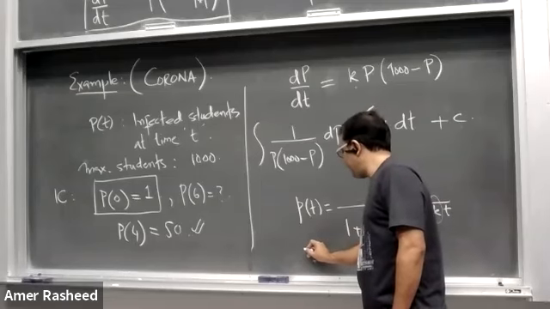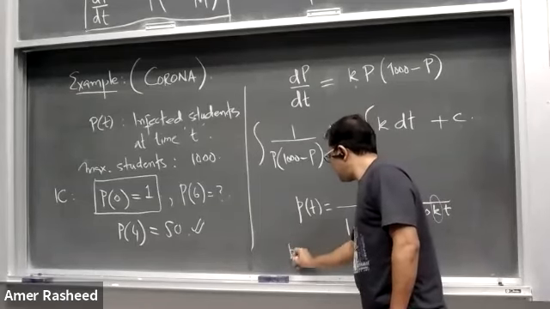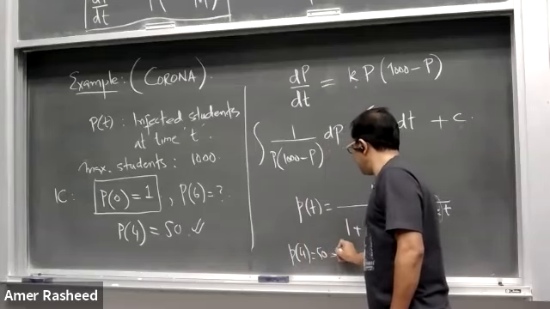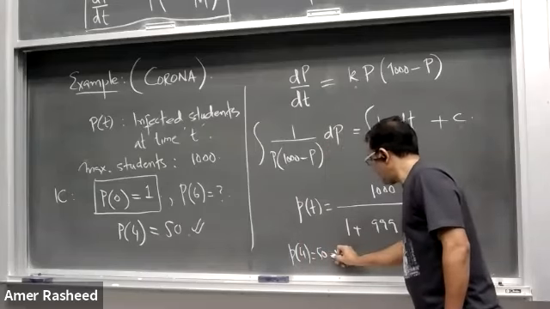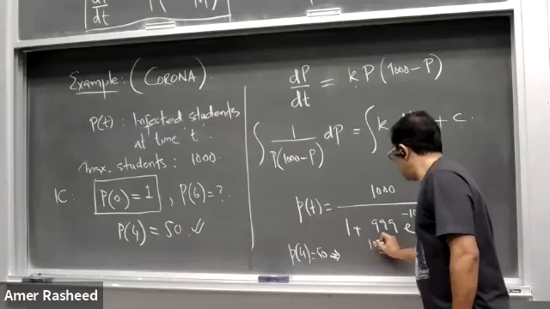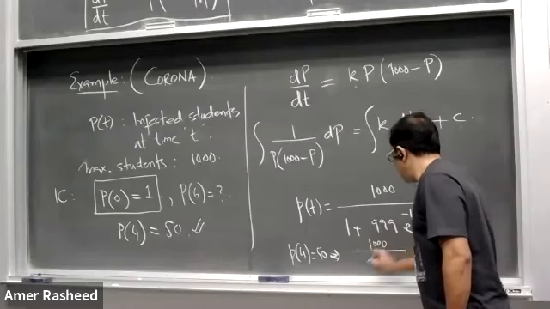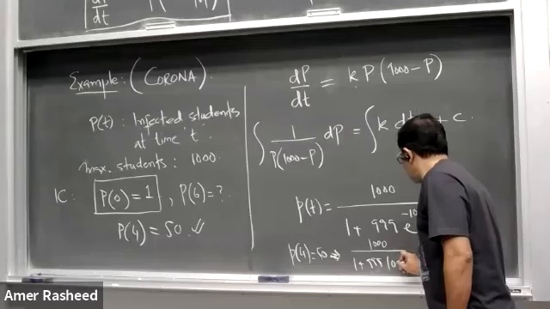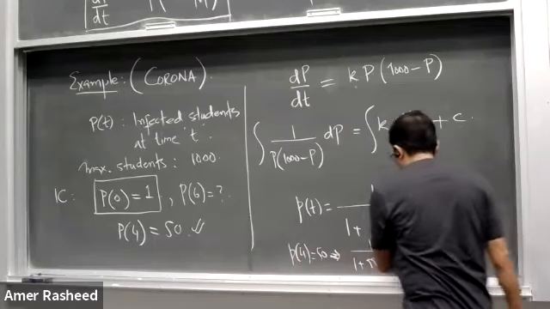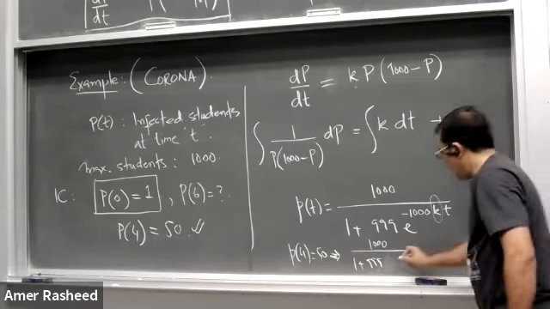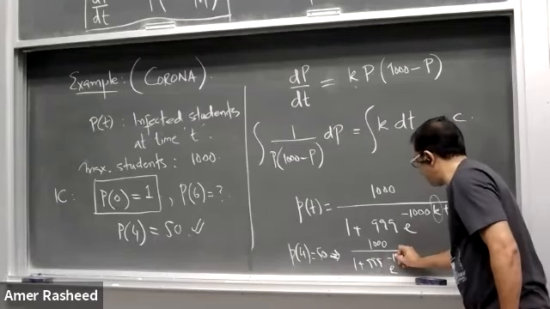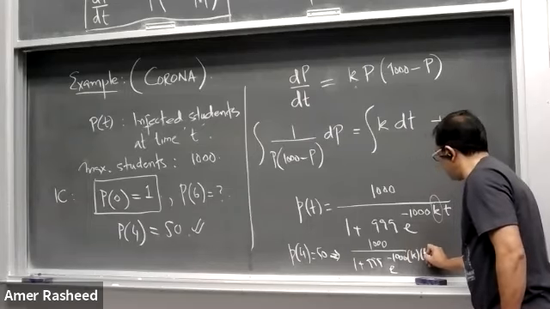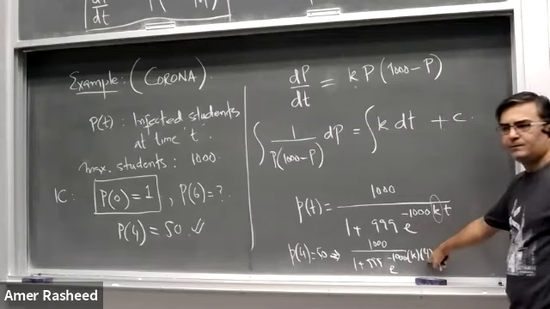What is this P of 4? By using P of 4 is equal to 50, it gives us 1000 divided by 1 plus 999 times exponential of negative 1000 times k times 4, because t is 4.